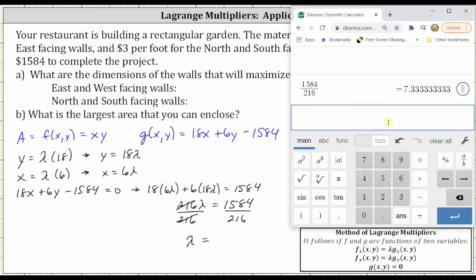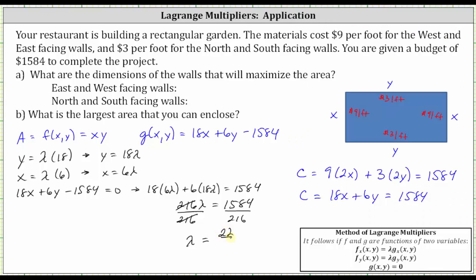We want the exact value, so we'll go ahead and click on this Convert to Fraction button on the right and use the value of 22 thirds. Now that we know lambda is 22/3, we can go back up and determine the value of x and y. X is equal to 6 times lambda, which we now know is 6 times 22/3.